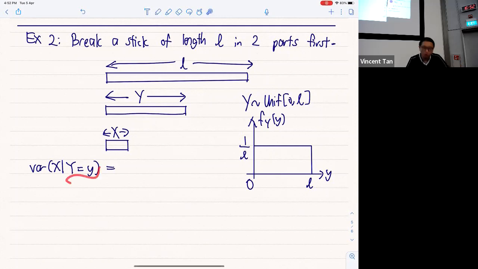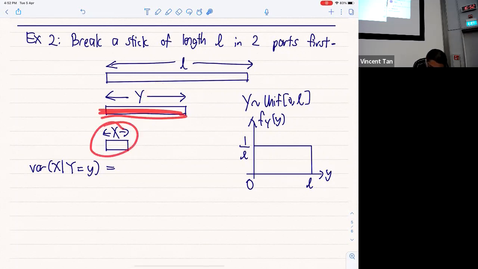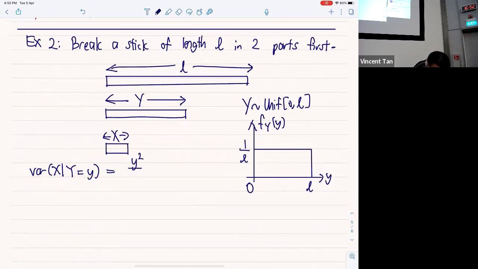I said at the beginning that Liao Xue broke the stick, so this is the stick remaining from her breaking, which she passed over to Sean. What is the variance of Sean's breaking? We already know that Liao Xue broke the stick to be little y. Her stick was little y, and now X is uniformly distributed from 0 to little y. So this must be y squared over 12, because we are uniform.